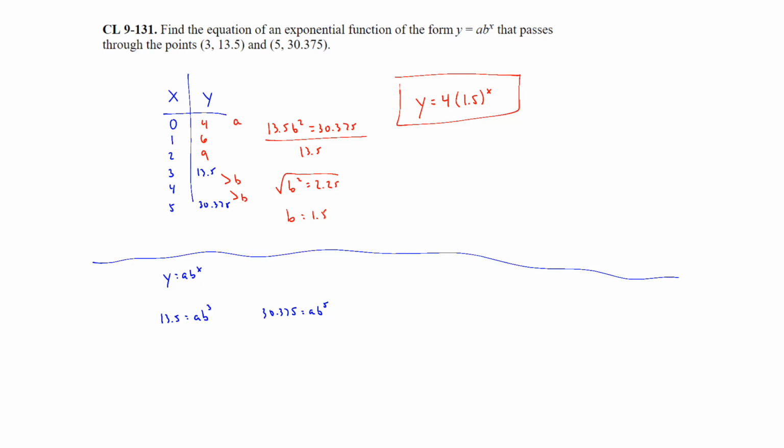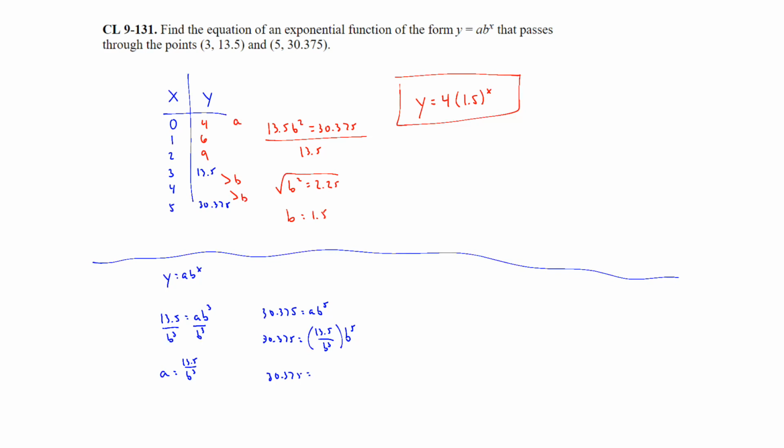We could have divided this by b cubed, and then a is equal to 13.5 divided by b cubed, substituted that into our second equation here for a, so that would be 13.5 divided by b cubed times b to the 5th, and so that would be 30.375 is equal to, 5 minus 3 is 2.